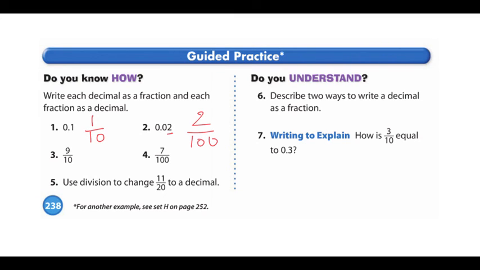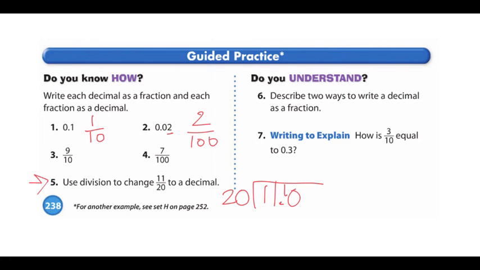I'm going to skip down to number 5 because it says to use division to change 11/20 to a decimal. Obviously 20 is not a place value. We've got tenths, hundredths, or thousandths. So we're going to have to use division like it says. The numerator is the dividend. 20 is the divisor. 20 does not go into 11, so we need to add our decimal.